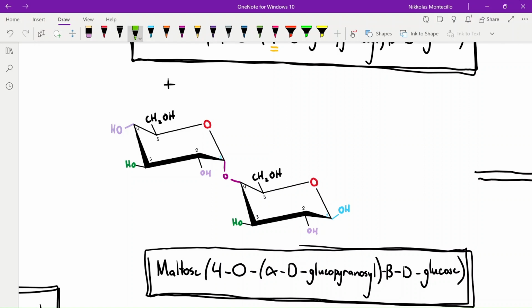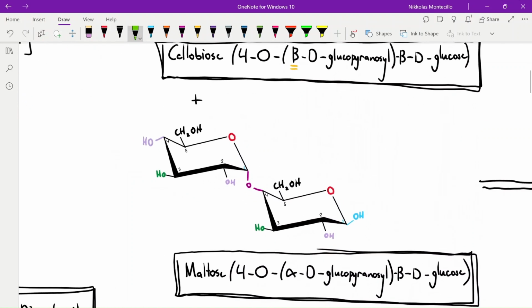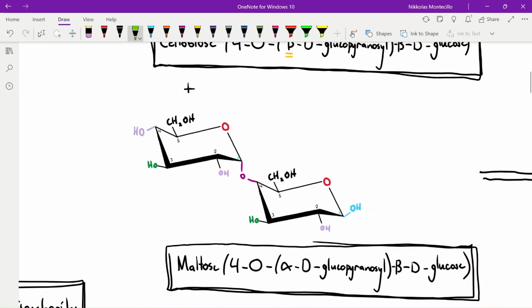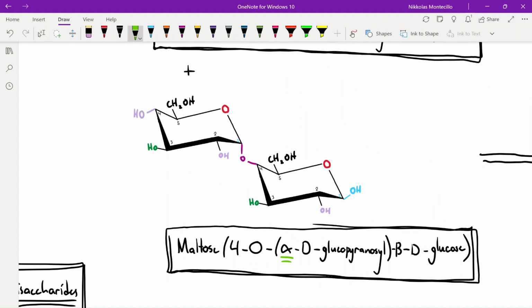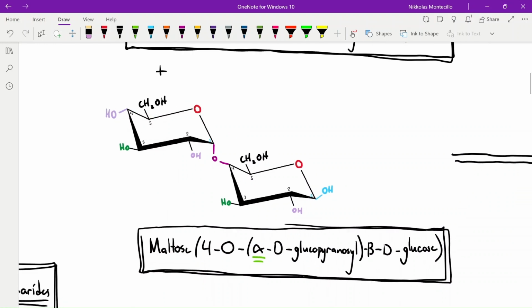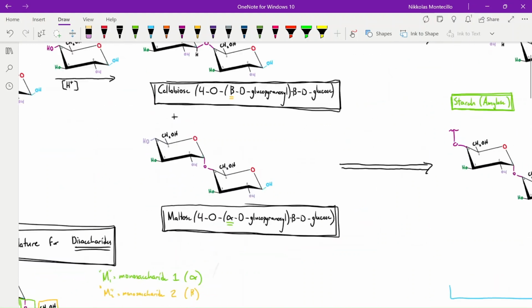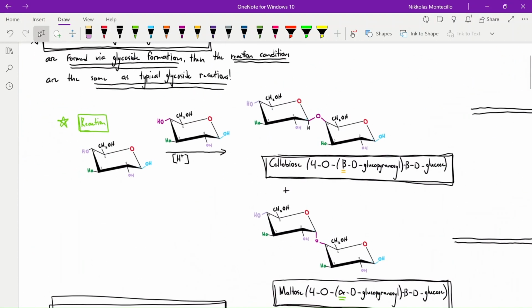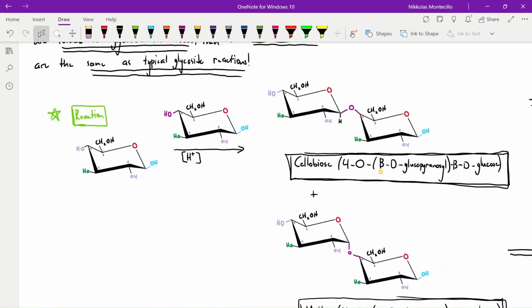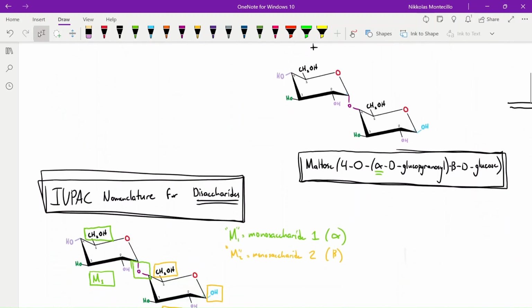So we can see here that the subtle name change occurs, where the substituent for carbon 1 and the substituent for carbon 5 are on opposite sides of the ring, hence the term alpha. Okay, so that's essentially the basics of glycoside or disaccharide formation, or disaccharide synthesis.